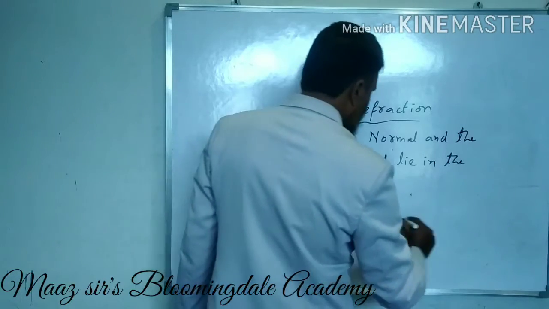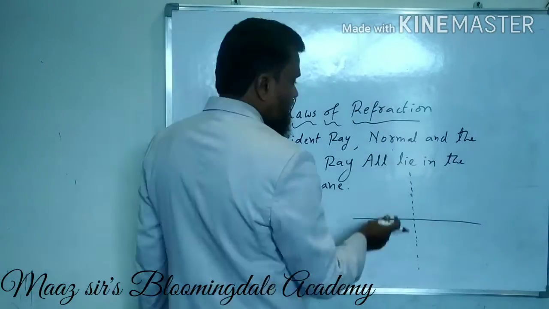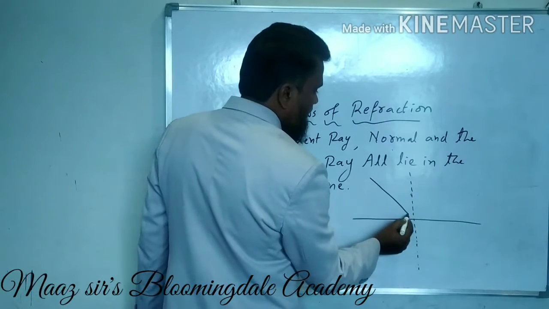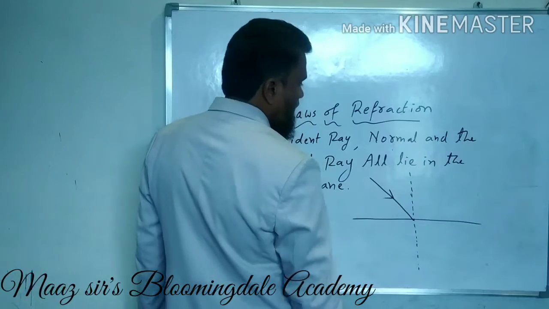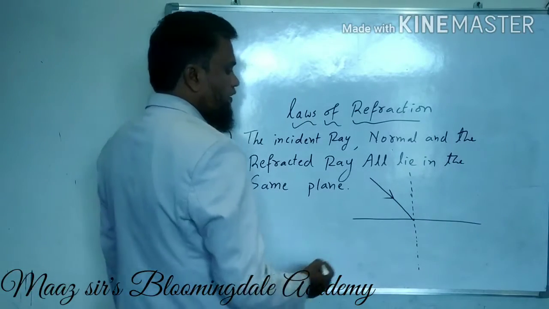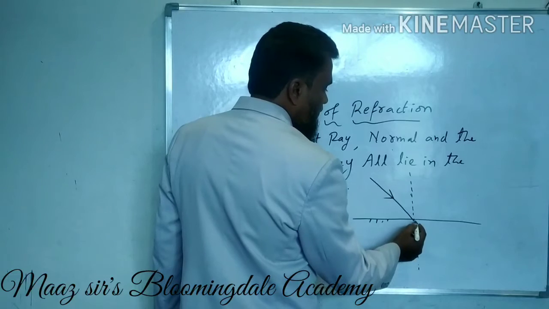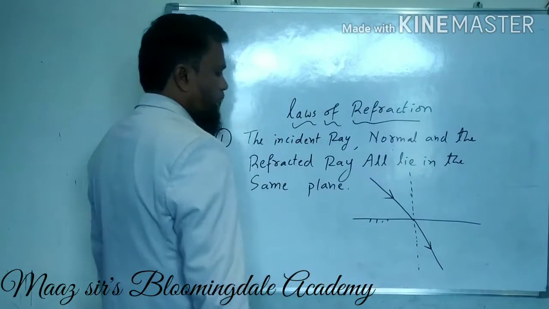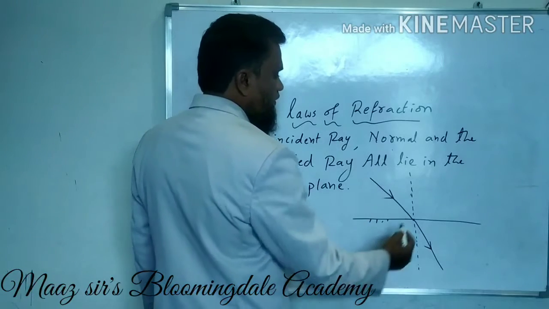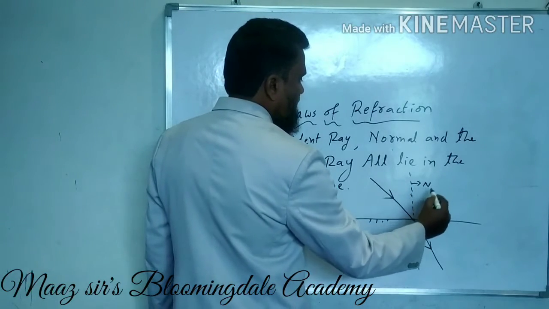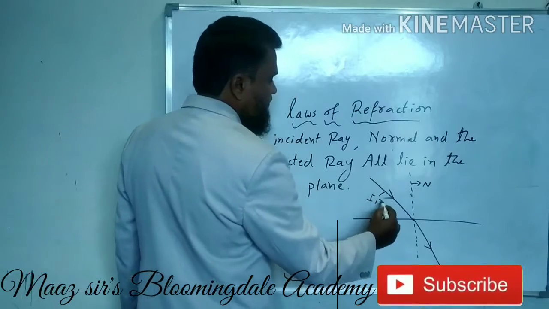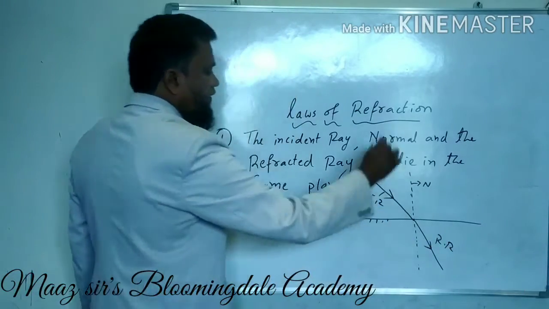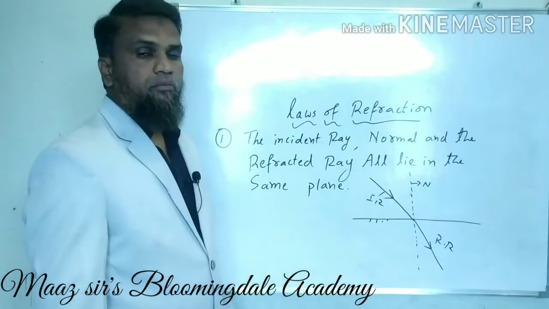For example, this is a plane, this is the normal and this is the incident ray. When it falls on the surface, the ray gets refracted. When you see all these rays, the normal, incident ray and refracted ray, they are all in the same plane.